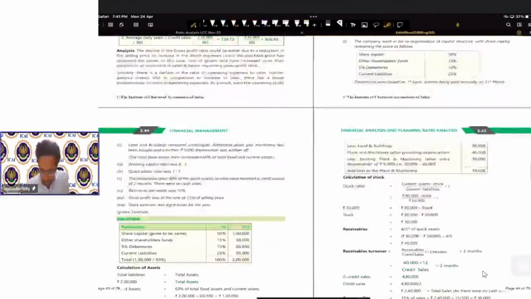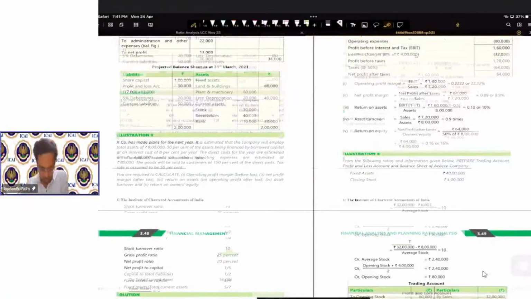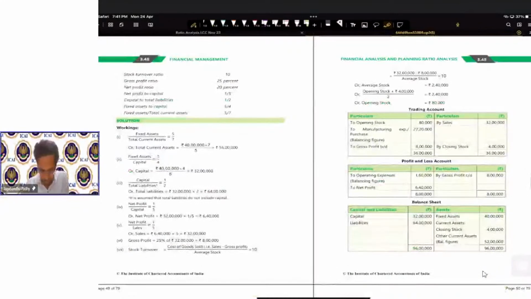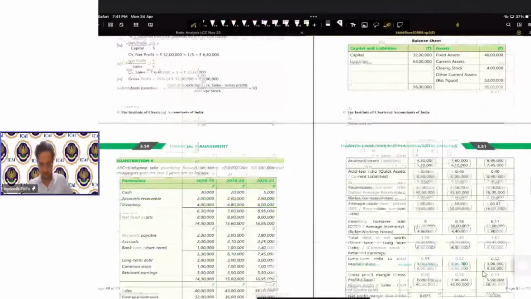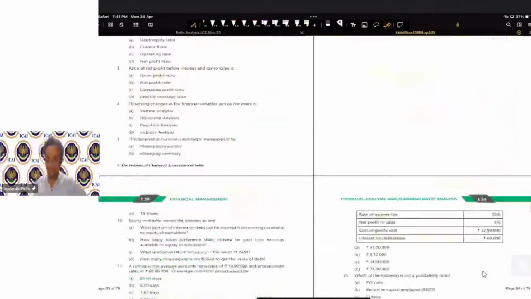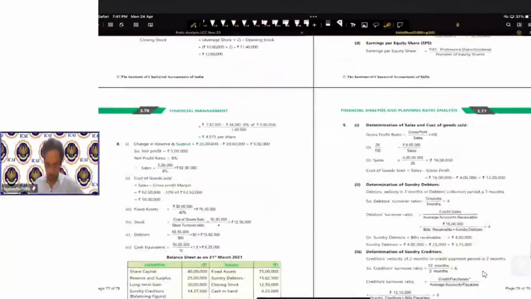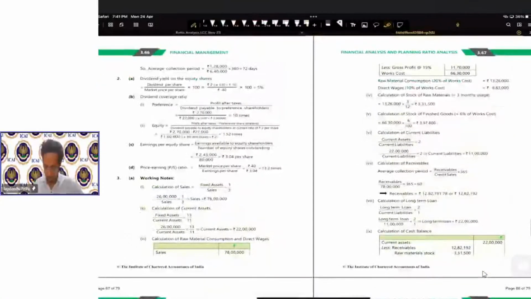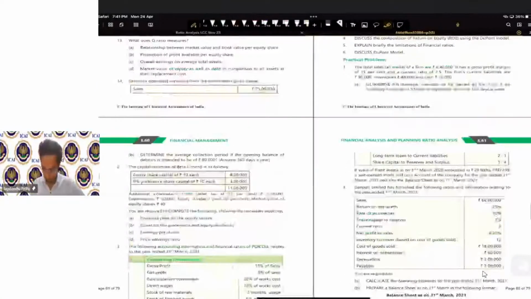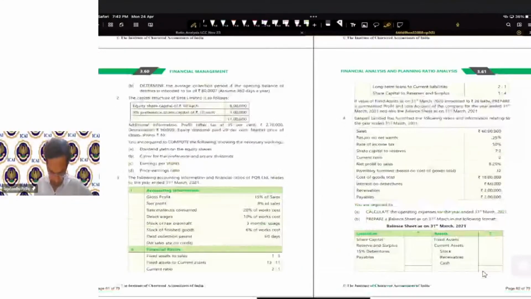Okay, now let's go ahead and do some questions where we are essentially required to prepare a trading and P&L account. I'll do a question from the practical problems. Which one?